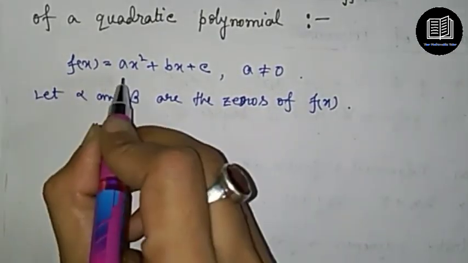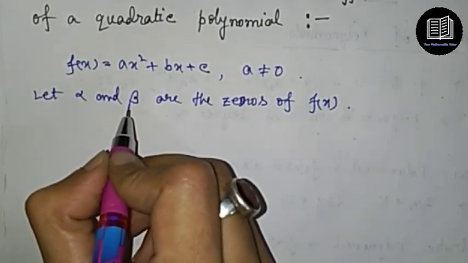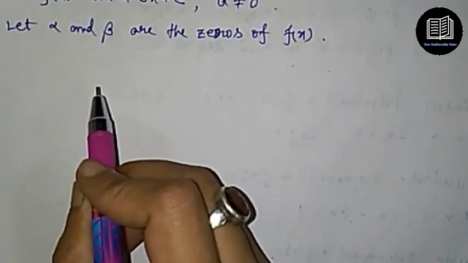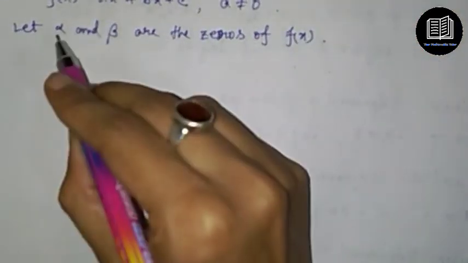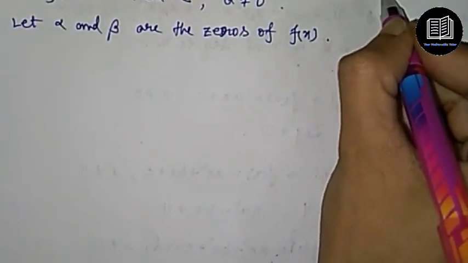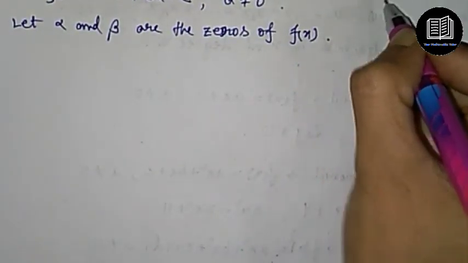Since f(x) is quadratic, there are two zeros of f(x). Now remember that zero of a polynomial means at alpha f(x) is 0, that is f of alpha equals 0, right?